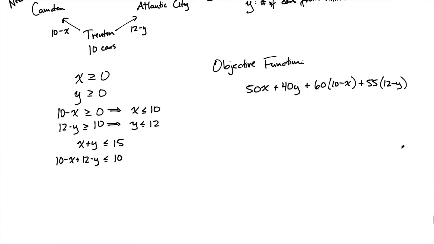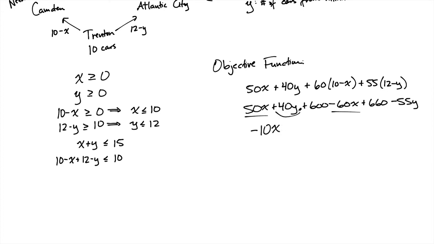We can simplify this quite a bit by just expanding and combining our like terms. So let's go ahead and do that. Distributing the 60, we have plus 600 minus 60x, and then plus 660 minus 55y. All right, so combining our x terms, we've got negative 10x.